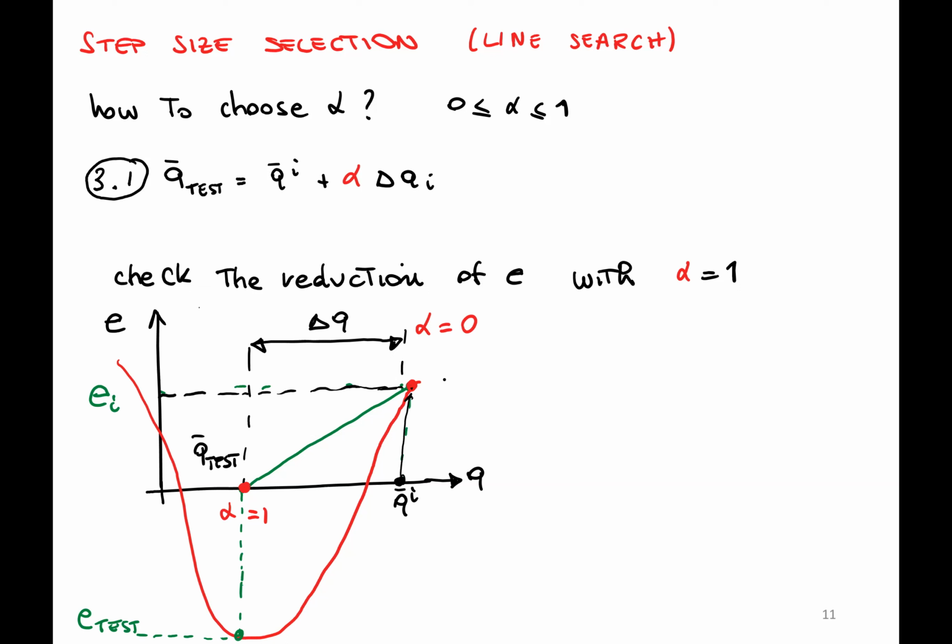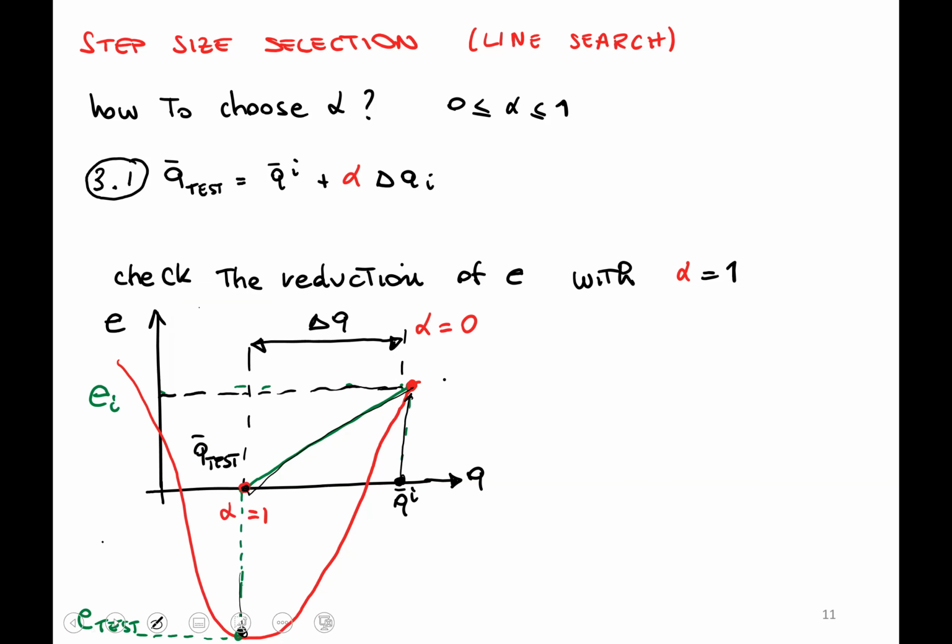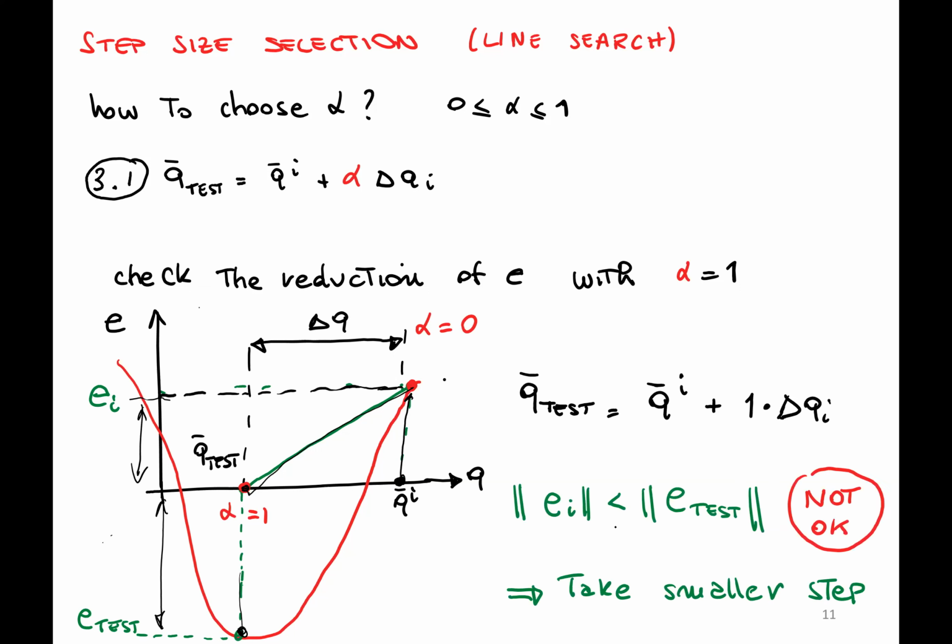We take a full step, so we go to here and we evaluate the error. You should also always think about the norm of the error. So this length here is bigger than what we had before. So the error is bigger than before, not okay. We need to take a smaller step.